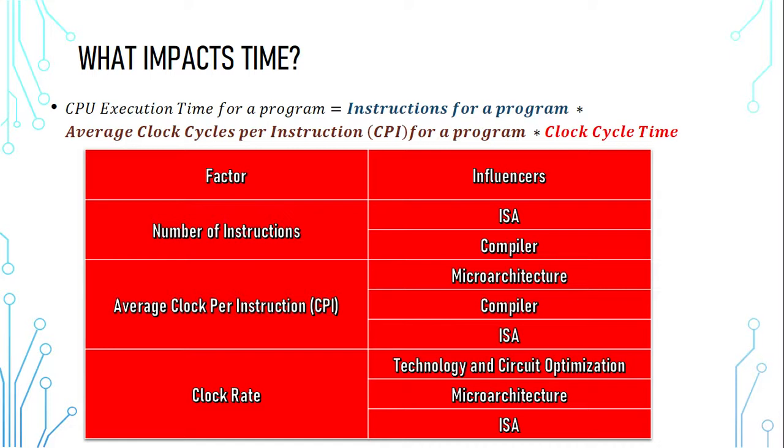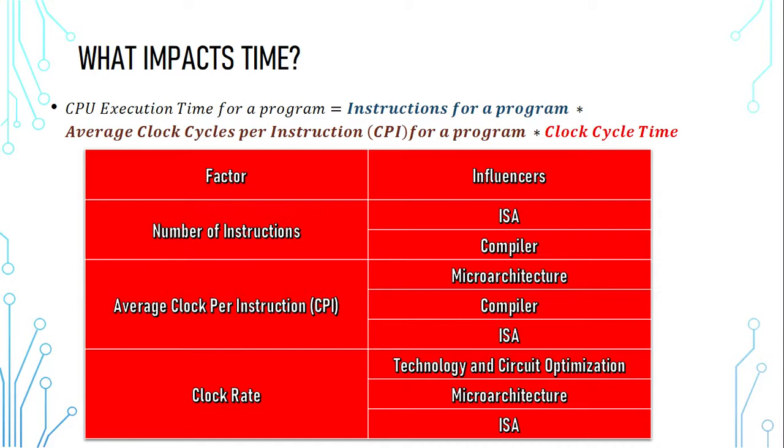CPI, or average clocks per instruction, is affected by microarchitecture, compiler, and ISA. Microarchitecture is the implementation of the ISA, or the instruction set and other specific details of the interface. For example, one architect implements an instruction in a way that it takes only 2 cycles to be executed.